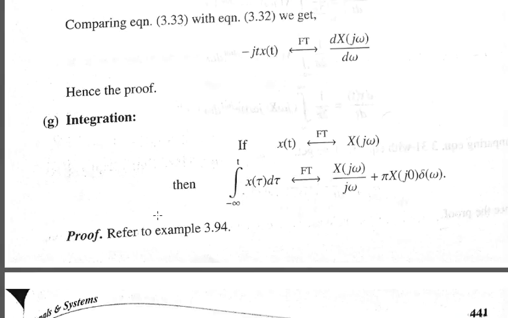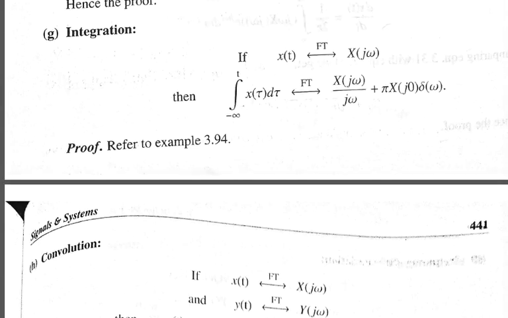Next property is the integration property. The integration property says that for the integral from minus infinity to t of x(τ) dτ, where x(t) and X(jω) are Fourier and time domain pairs, the Fourier transform of this is X(jω) divided by jω plus π X(j0) δ(ω), where X(j0) means the value of X(jω) when omega is 0.